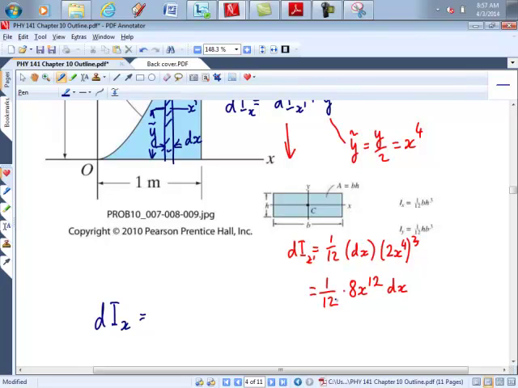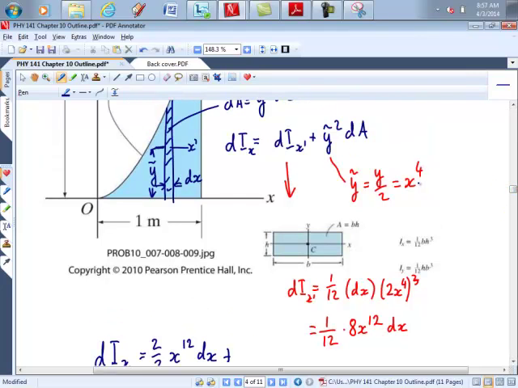Should be 2/3 x to the 12 dx plus here we've got y tilde equals y over 2, which is x to the 4th.